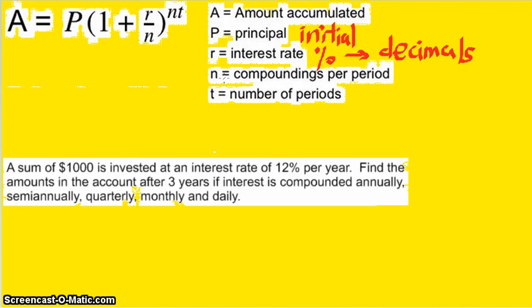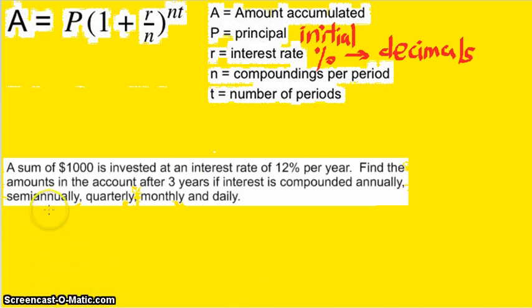Right now N and T might sound a bit confusing, but when we look at the example at the bottom here, we will see the difference between N and T right away. So let's do that now. Go ahead, pause the video and read the question. When you understand what you have to do, come back again. I'll see you in a minute.